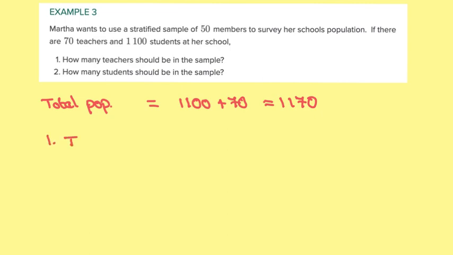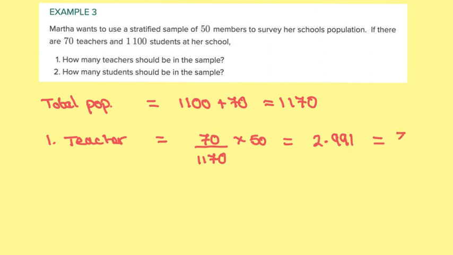The teachers, well, we want the same proportion, so therefore it is equal to 70 out of 1170 times the 50, which was equal to 2.991, which is equal to 3 teachers.